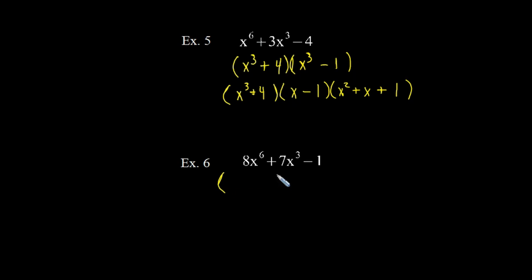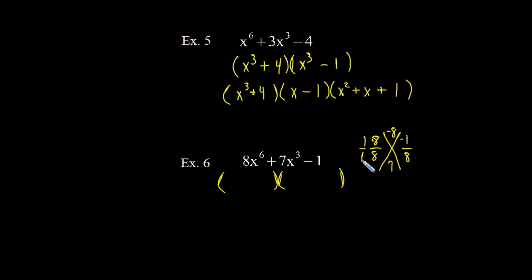Looking at example 6, this trinomial will factor negative 8, positive 7. We will then use positive 8 and minus 1. That's supposed to be a positive 8 there. Divide by 8.